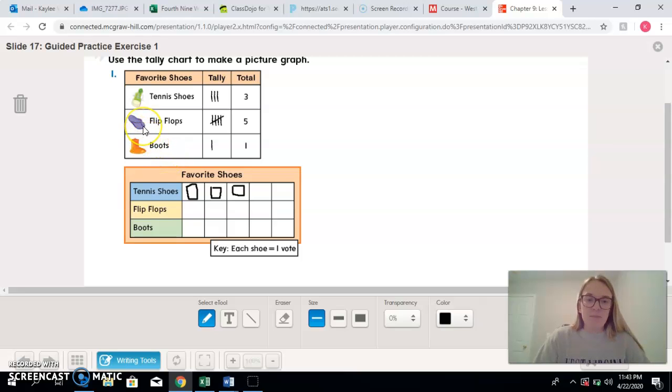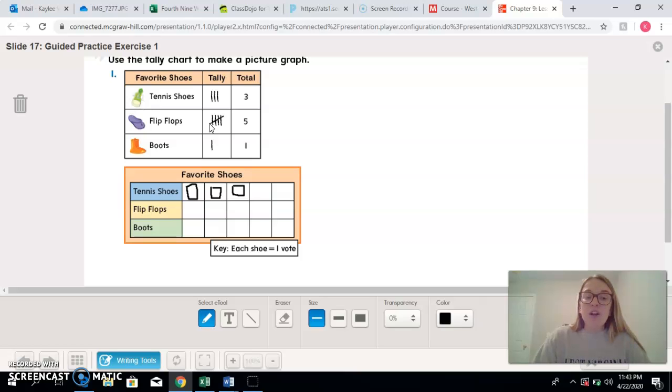Let's look at flip-flops. If I count my tally marks, it looks like it is 1, 2, 3, 4, but you can't forget to use that little slant because that counts as a tally mark also. So it's actually 1, 2, 3, 4, and 5. So that means there are 5 people who said that their favorite shoe was flip-flops.